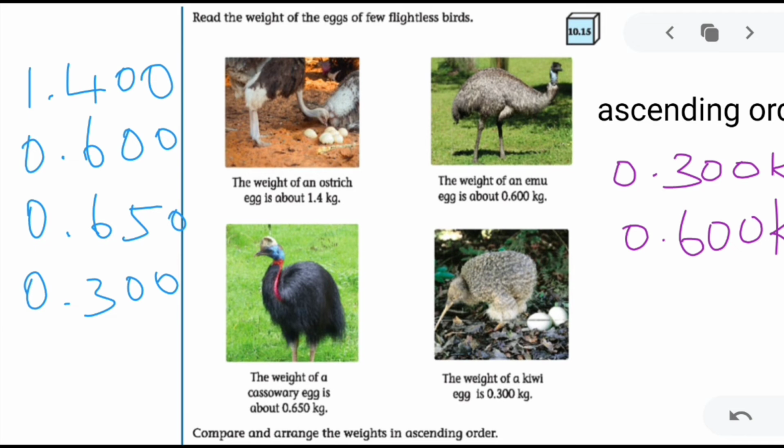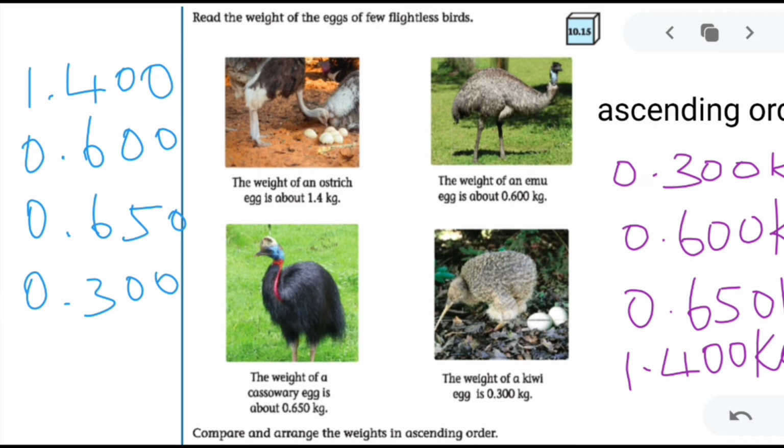That is the emu. And next one is 0.650 kg. At last is 1.400 kg. That is the ostrich egg. So this is the ascending order.